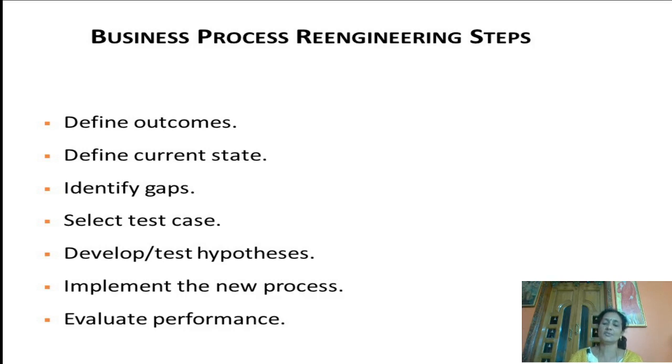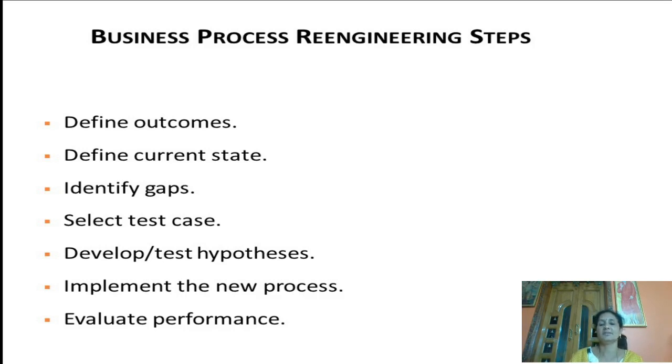So these two have to be taken into consideration and we have to identify the gaps. Gaps are very important, as we do in our research by taking the review of literature and identifying the gaps, and based on the gaps we have to frame the hypothesis. So similarly here also, what is the current state and what we are going to redesign and what will be the outcome.